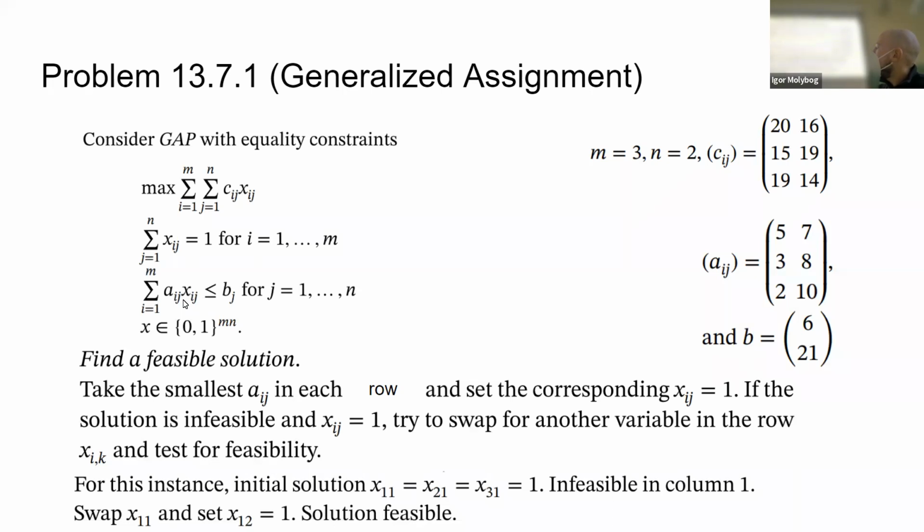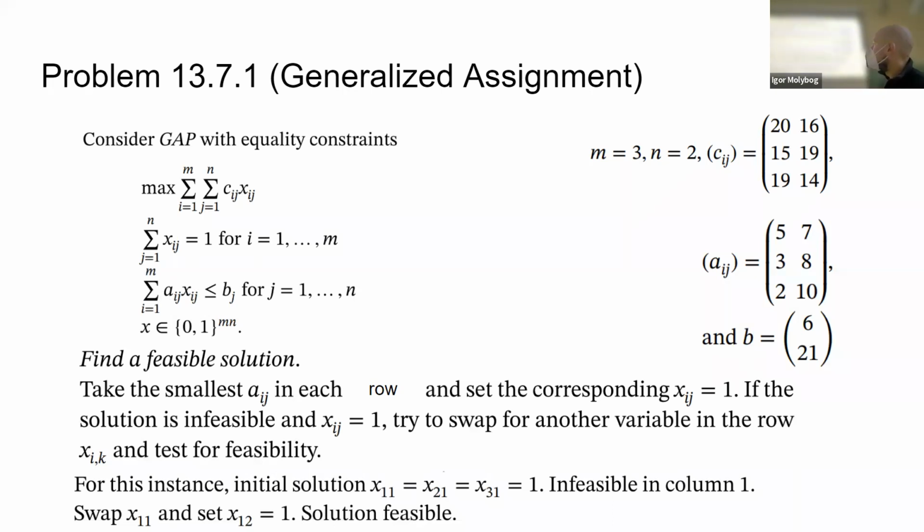If we are not successful with that, we can take the largest. If there is an inequality that is not satisfied, we can take the largest value Aij that hits the sum and, in that particular row, flip the position of the unit.